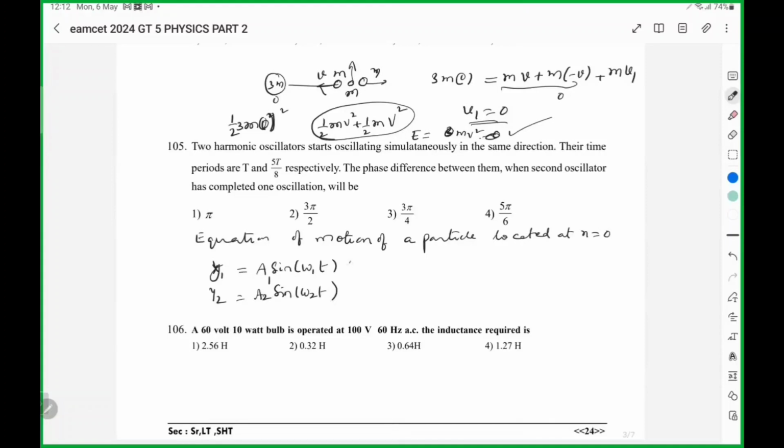So here the phase difference will be omega 1 t minus omega 2 t.